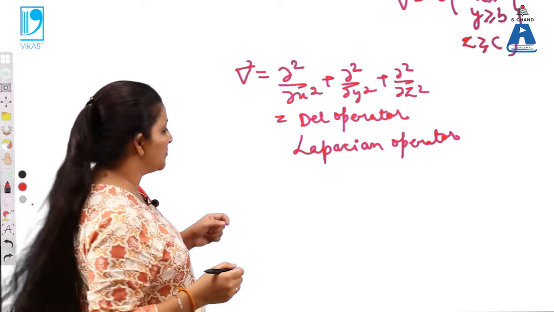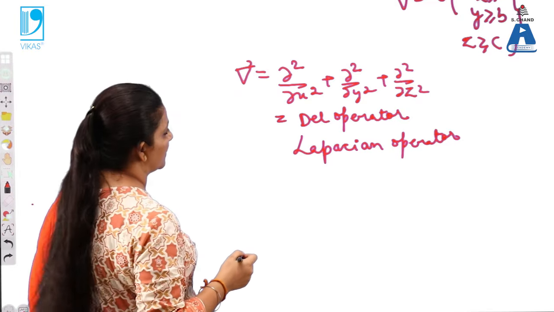Now the Schrodinger wave equation in three dimensions can be written like this.